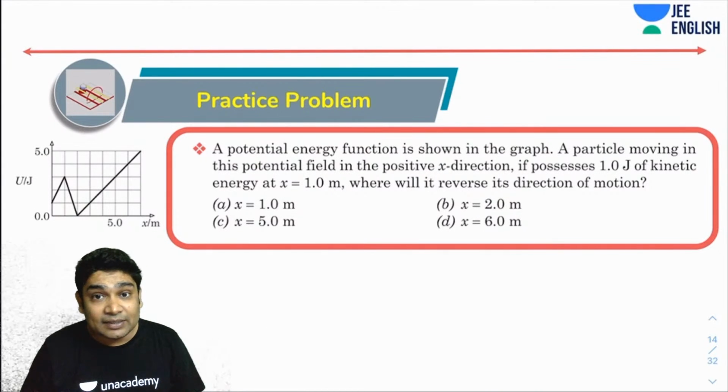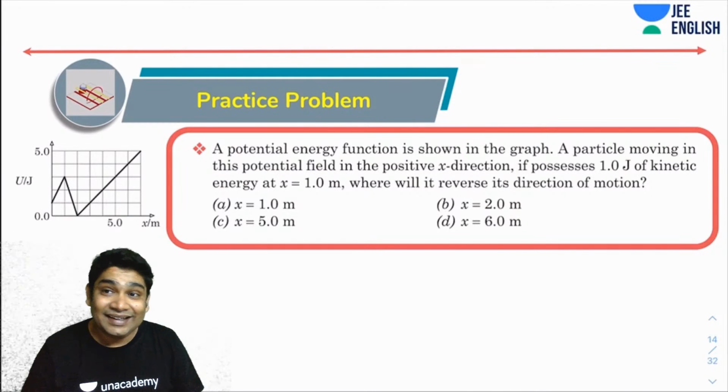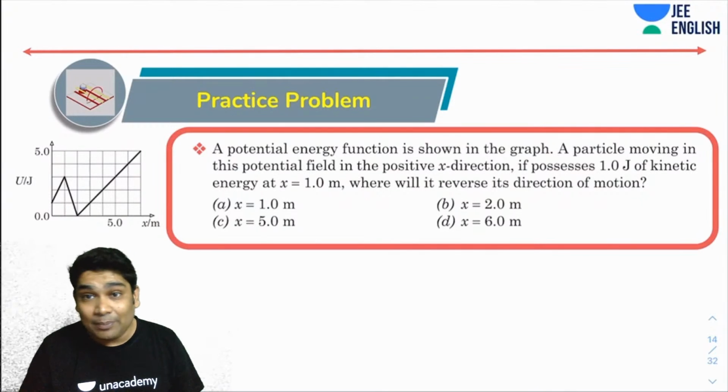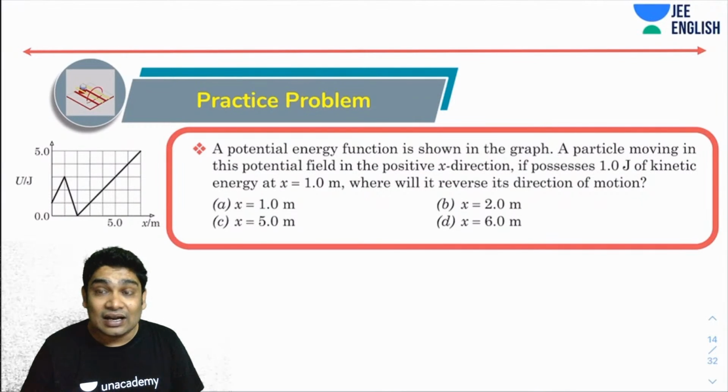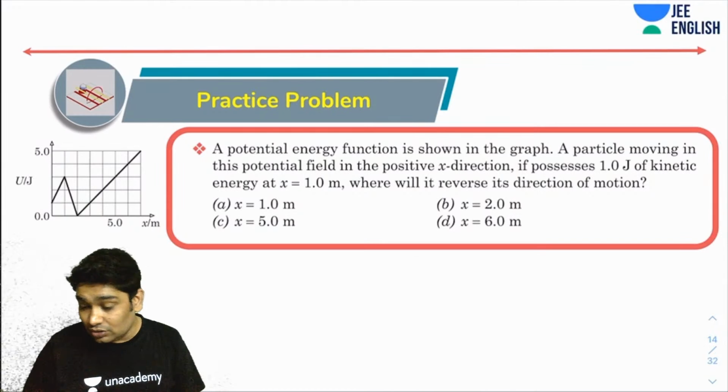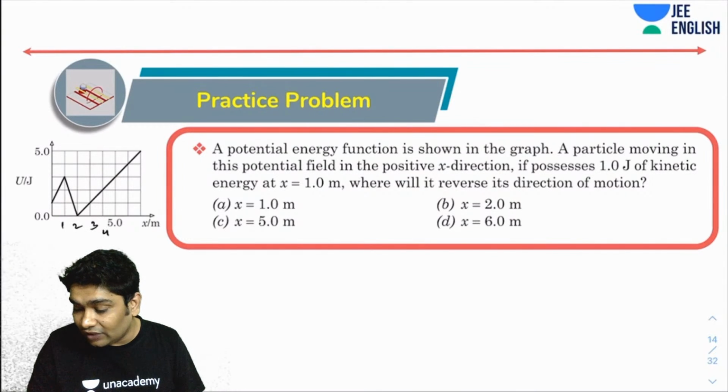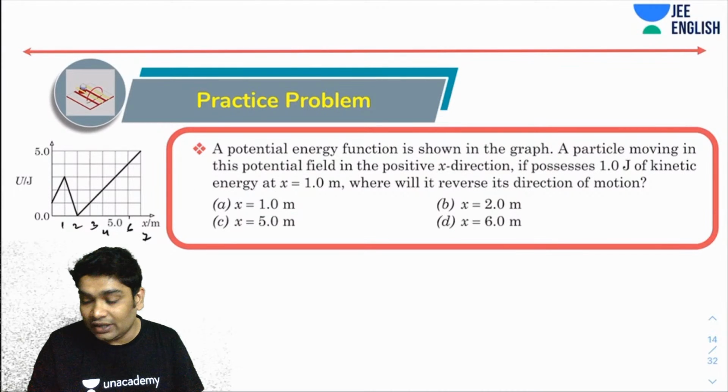The next problem says that the potential energy function is shown in the graph. Now a particle moving in this potential field in the positive x direction possesses 1 joule of kinetic energy when the particle is at x equals 1. So this would be x equals 1, this would be 2, 3, 4, 5, 6, 7, right?